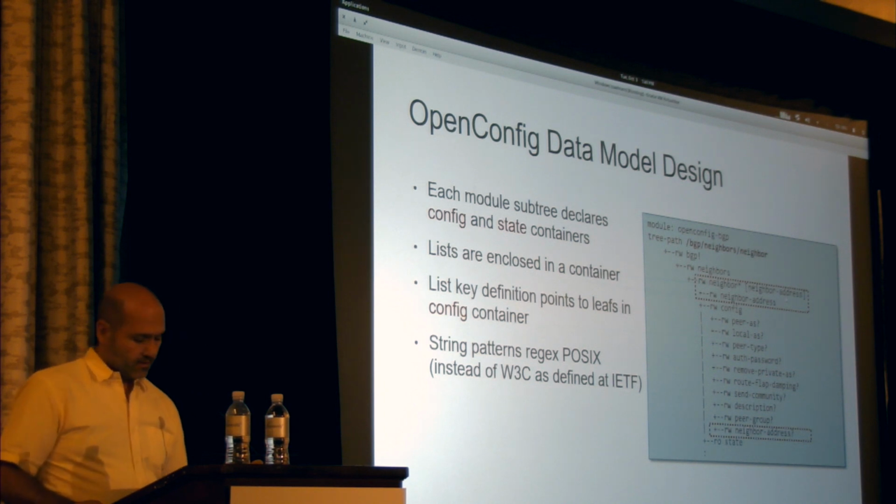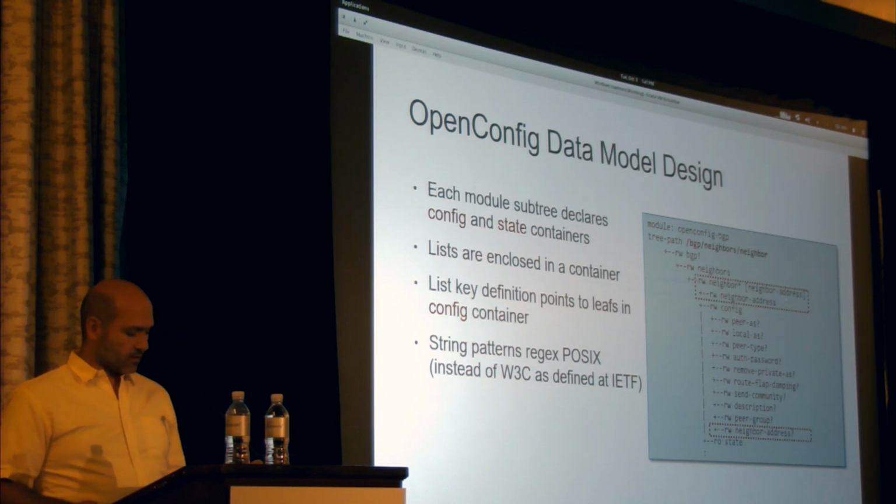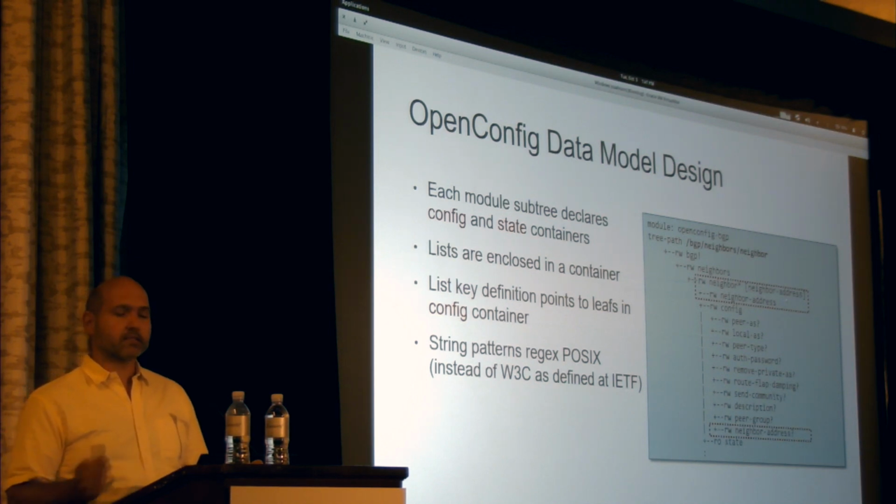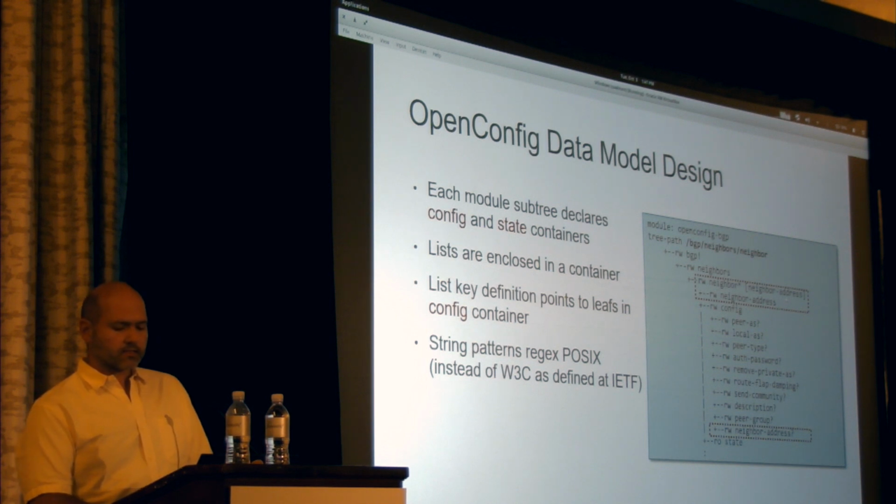If a list in Yang, which is more like a hash or a dictionary, has a key, that key has to be a leaf under the list. So we see here neighbors, for instance.